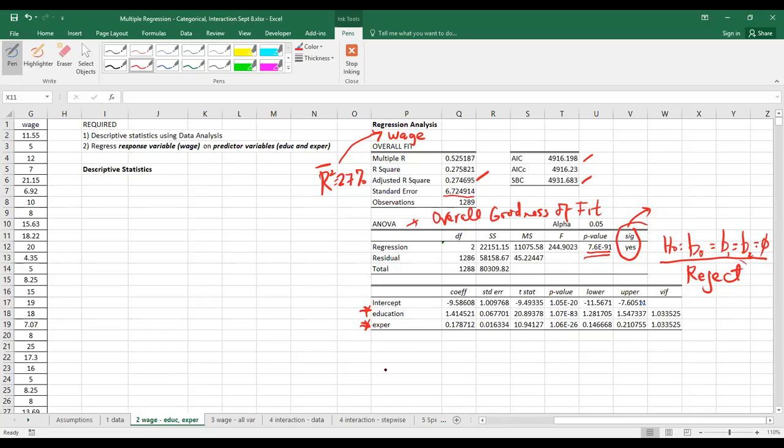Alright? And then we go here, ito na individual test of the coefficients. No? So here we can see that your p-value, that your intercept is significant. So may null hypothesis naman tayo dito. This is now B null is equal to 0. Isa lang yan. Kasi individual test na to eh. Dito naman, null natin B1 is equal to 0. Tapos dito sa pangatlo, B2 is equal to 0. So for null, B null is equal to 0, we reject that hypothesis.